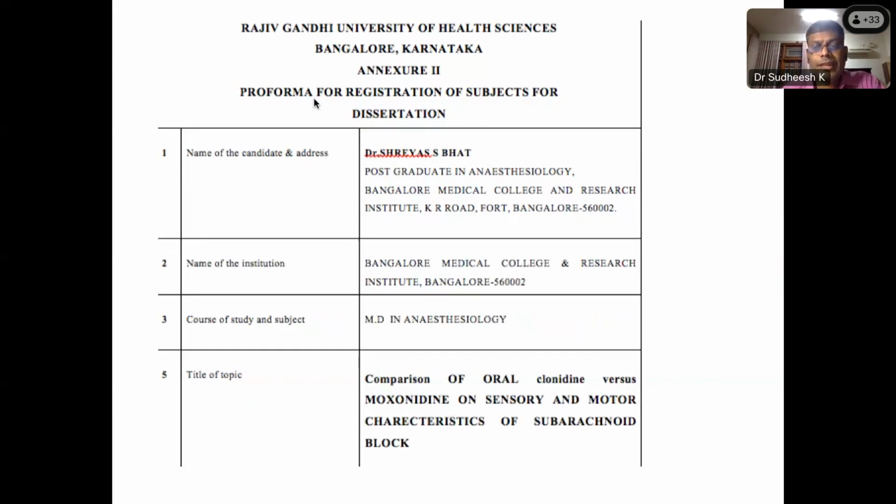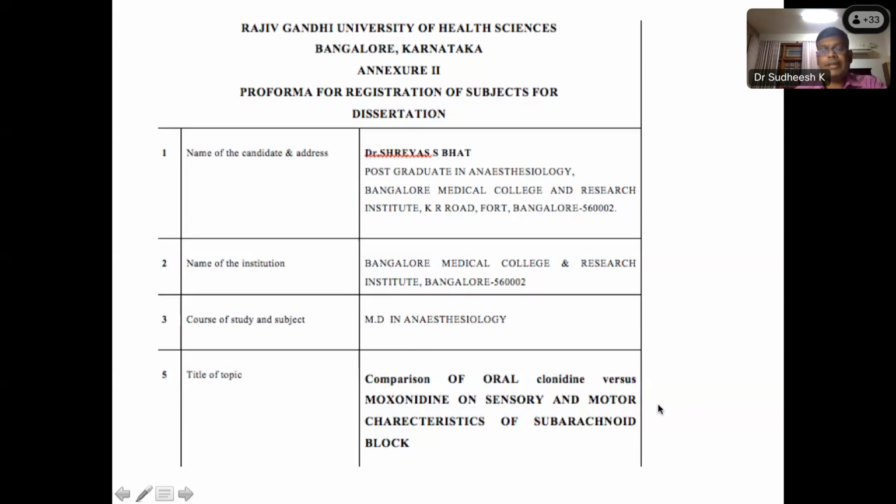Before that, let us see whether it satisfies the PICOT criteria. Here the P stands for population. The population is all adult patients who are undergoing surgeries under subarachnoid block. Next, I, intervention, is administration of oral moxonidine, and C is the comparator, that is oral clonidine.